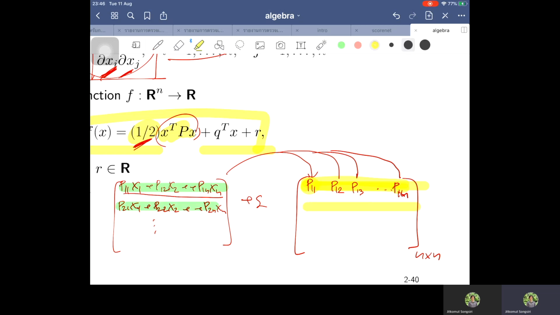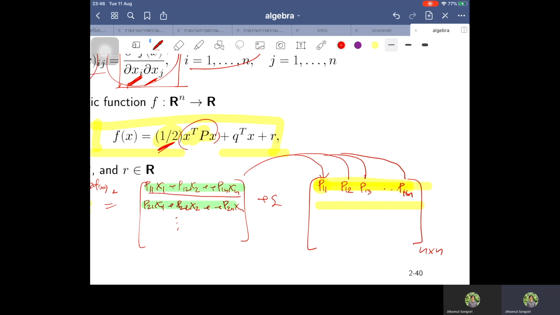The second row of the Hessian is obtained by taking the derivative of the second row of the gradient with respect to x1, which is p21, p22, p23, dot dot dot, p2n. You just keep repeating this process, and the last row is pn1, pn2, dot dot dot, pnn. But remember that P is symmetric.